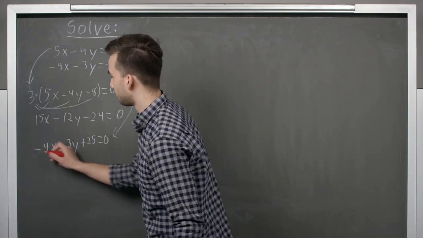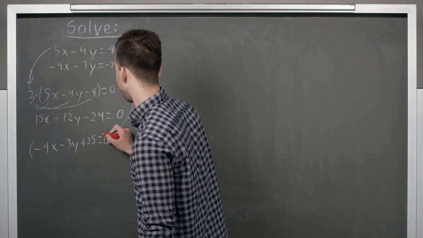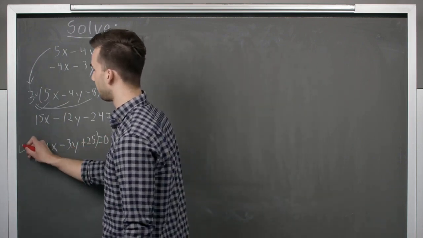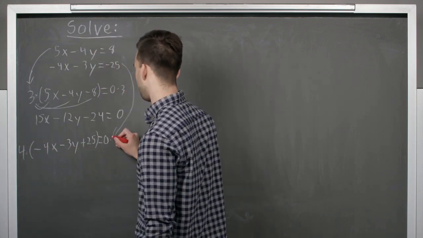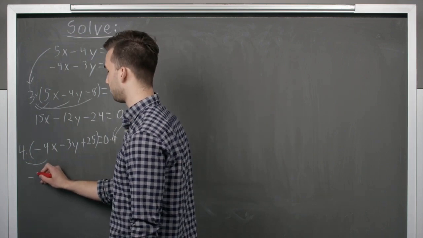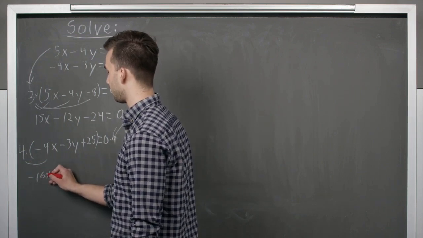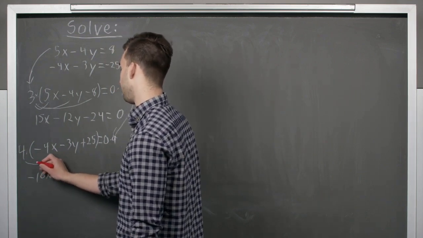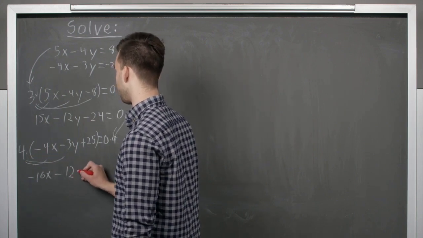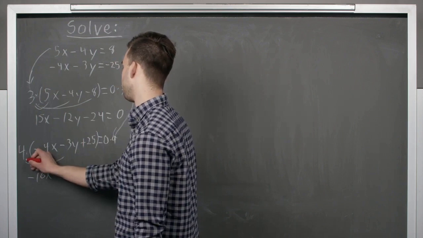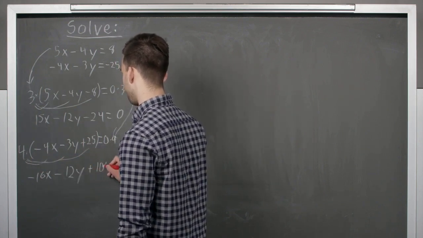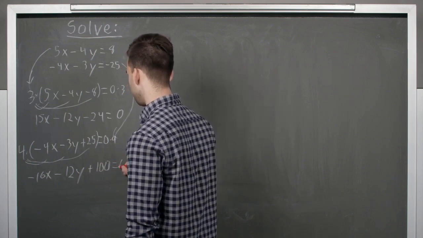But let's multiply both sides by, we need 4. And so 4 times negative 4x is negative 16x. And then we have a 4 times negative 3 gives us negative 12y. And then we have 4 times 25 gives us positive 100, all equal to 0.